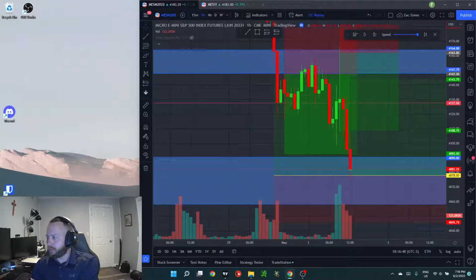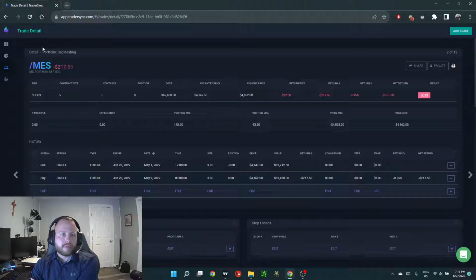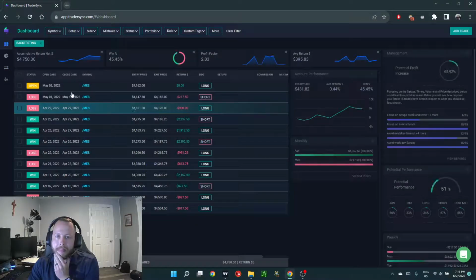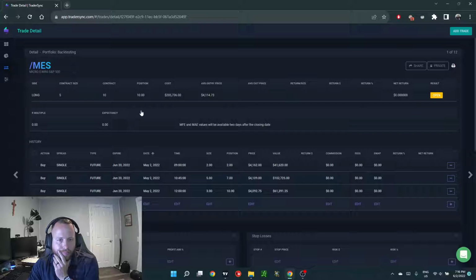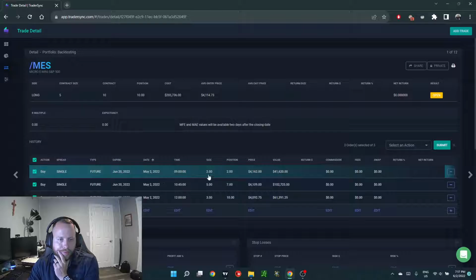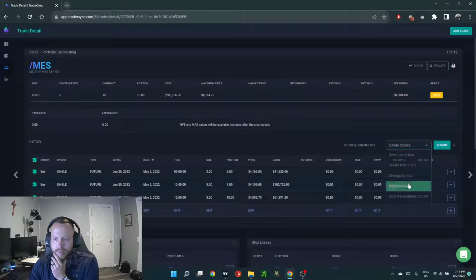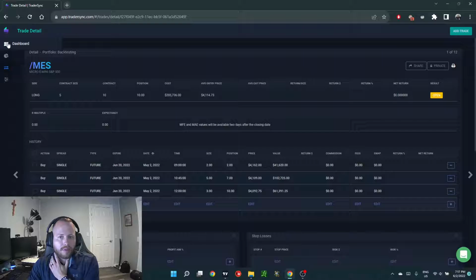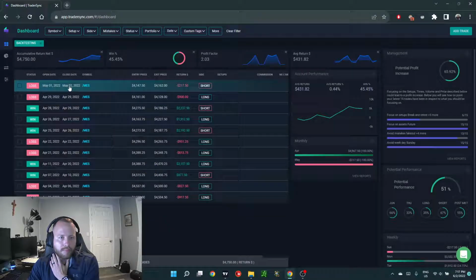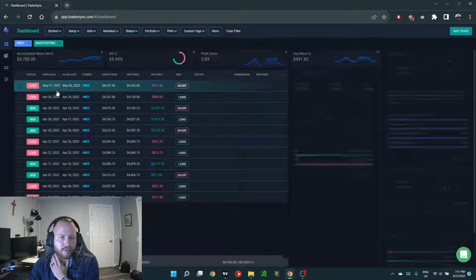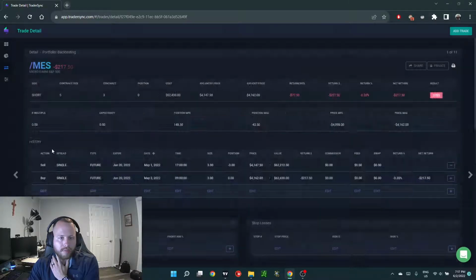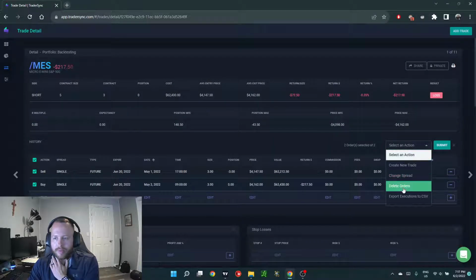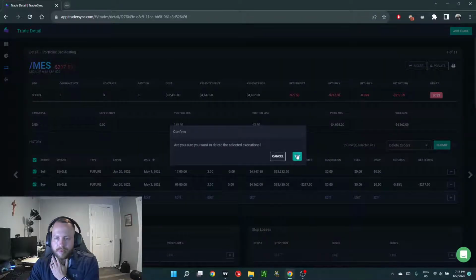Yeah, that should have been type 2 entry. So let's check this real quick. Okay, something about this makes no sense at all. So we're going to delete these trades. I'm just going to delete the orders and we'll redo them just for the sake of having accurate records here. Kind of annoying that I have to do that, but delete orders, yes. Okay.